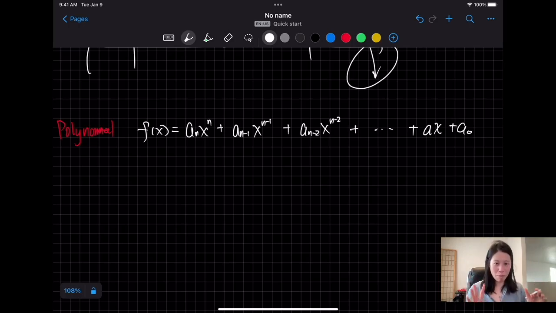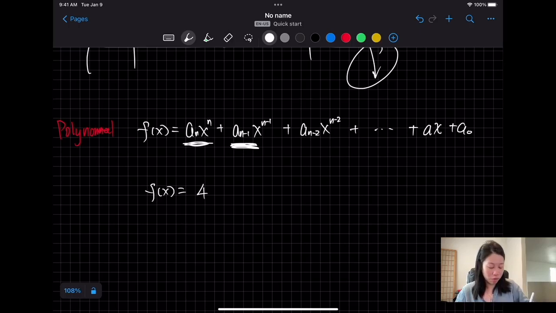It is combined from multiple power functions, because all of these are just power functions. So for example, this is a polynomial. This is a polynomial.